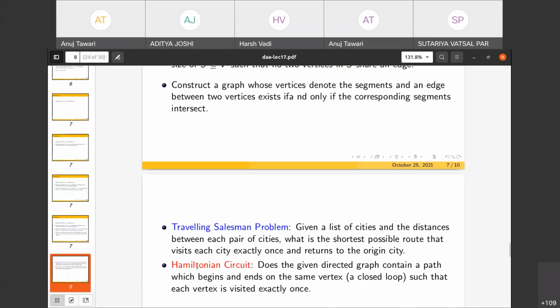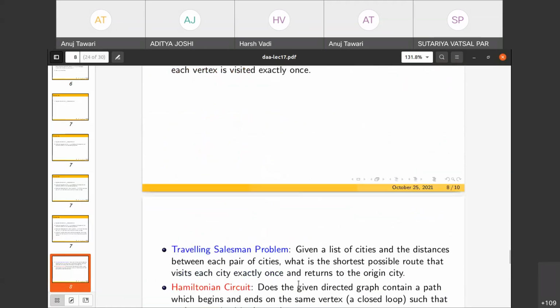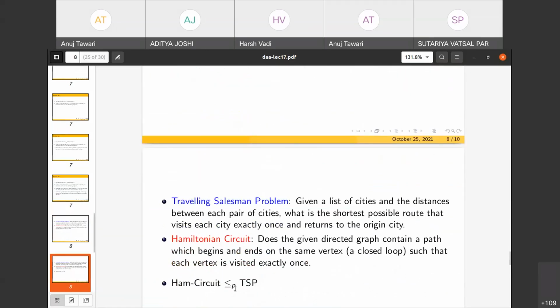Traveling salesman is a generalized version of Hamiltonian circuit. And what we want to show here is that the Hamiltonian circuit problem reduces in polynomial time to the traveling salesman. So if you can solve this traveling salesman problem, then you can also solve Hamiltonian circuit.